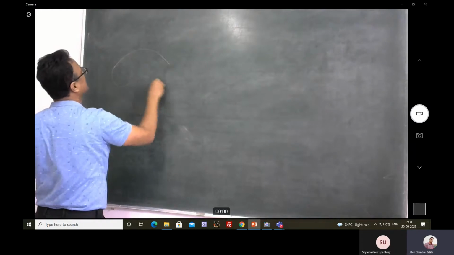Suppose I have a region like this. Obviously, the way I have drawn it, is this region both a type 1 and type 2 region? Just a minute.